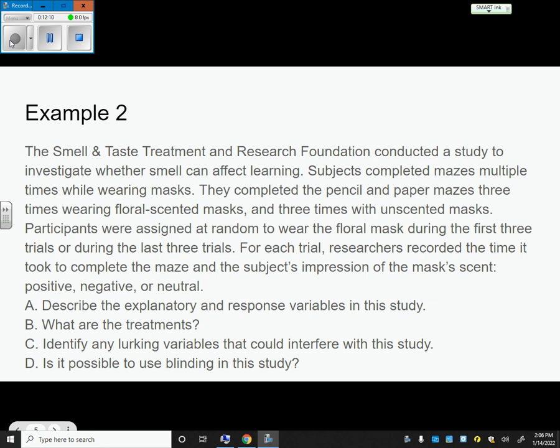And Rachel, can we blind this? No, how come? Yeah, people are gonna say, oh, floral scented, let's go, or, oh, not floral scented. All right. The researcher could be blinded.